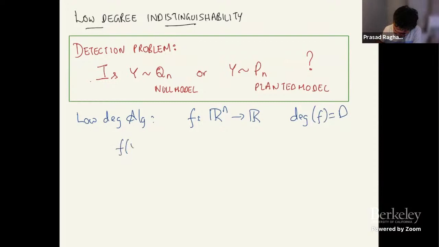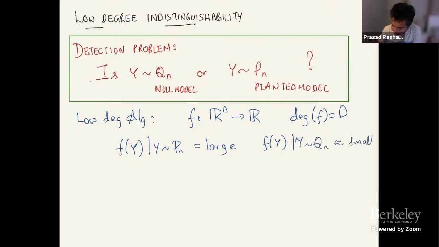You'd want f of y, if y is from the planted distribution, to be large, and f of y, if y is from the null distribution, to be typically small. And then you have a way to distinguish between the two distributions. That's the goal. That's a reasonable thing to try.